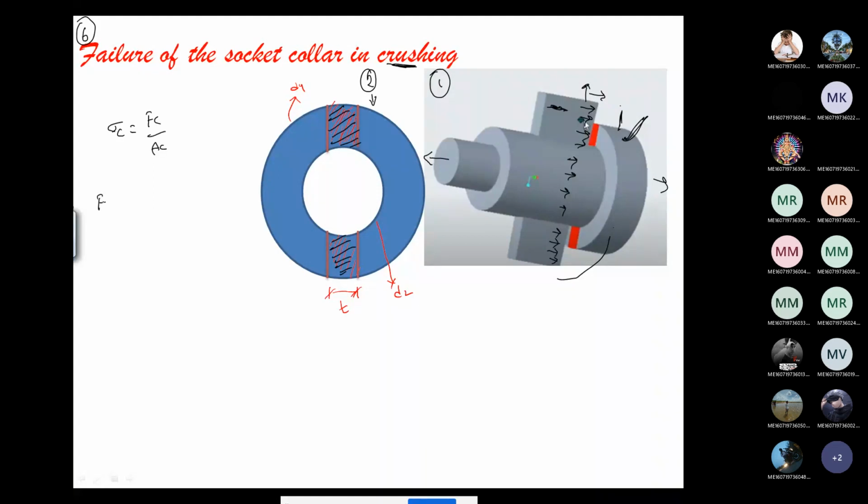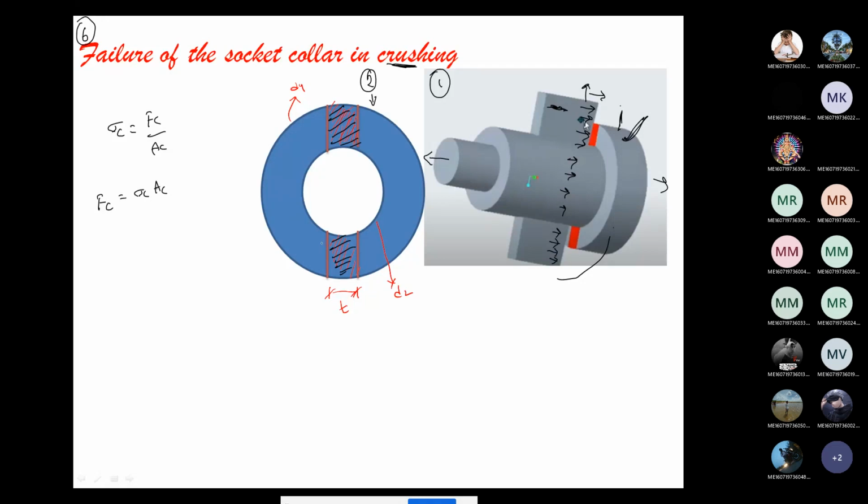So crushing load equals sigma c into crush area. Okay, so what is the area? Only the hashed portion we need to consider as the failure area. Other area we should not consider. If you consider the other area, you will not get the answer, because only where the failure is happening we need to consider.